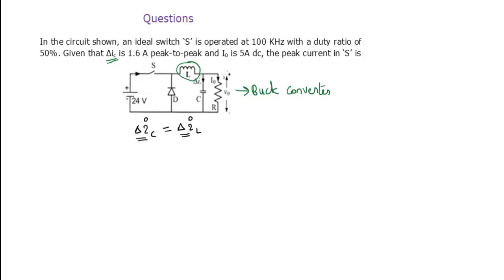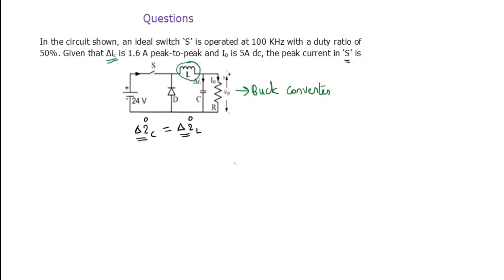Why? Only ripple current is flowing through the capacitor and inductor. No ripple current will be there in the load. That's the meaning. So this peak to peak ripple current is given. Now it is asked what is the maximum current flowing through the S.